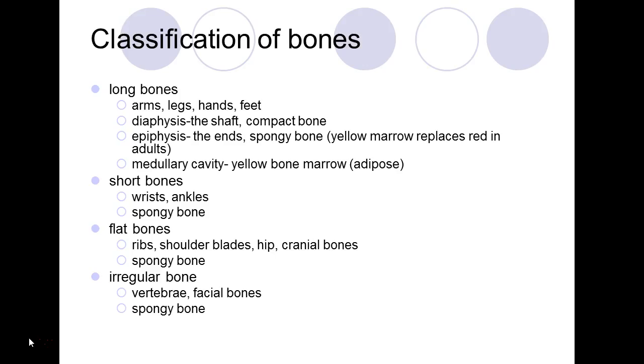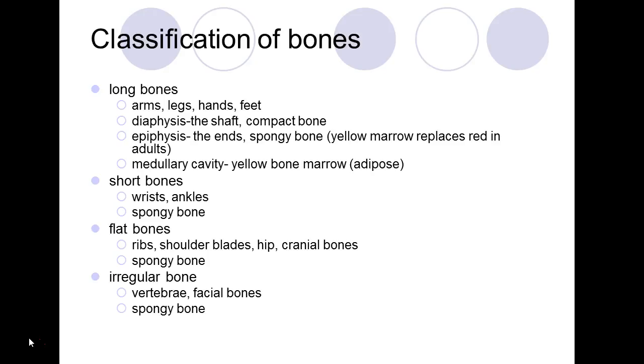So we've got long bones, short bones, flat bones, and irregular bones as far as classifying. And it's basically on what they look like, how they're shaped. Long bones are found in the arms, legs, hands, and feet. As we said before, they have a large shaft part, long and thin, and that's called the diaphysis. That is made of compact bone. The ends that bulge out at each end are called an epiphysis, and that is made of spongy bone.